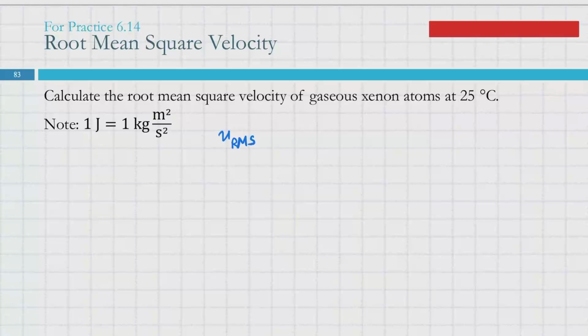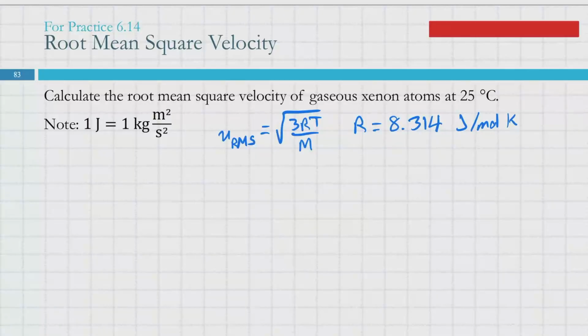So I'm guessing that it's u_RMS equals the square root of 3RT over M, where R was equal to 8.314 joules per mole Kelvin, temperature is in Kelvin, and big M was molar mass in kilograms per mole.